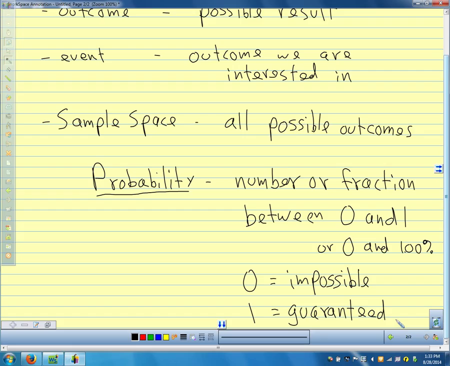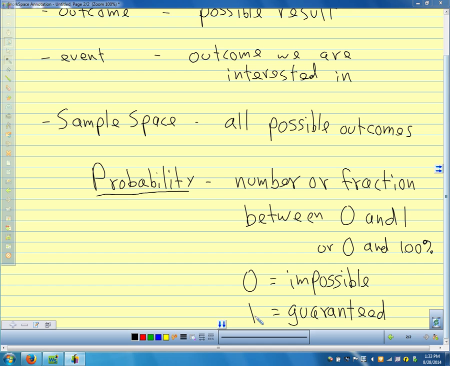Probability greater than 1 doesn't make any sense. There's nothing that has a 105% chance of happening. I don't know what that would mean. It would happen extra or something. So we could say this: 0 is 0% and 1 is 100%. If you're calculating probabilities and you come up with a probability of 10, you made a mistake.